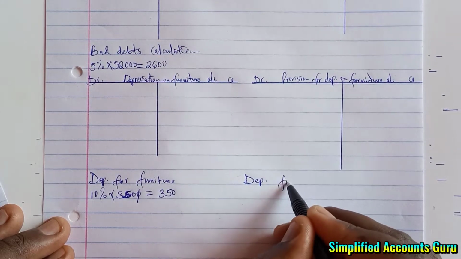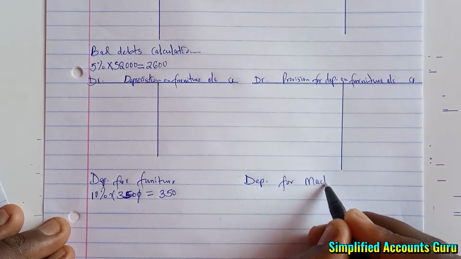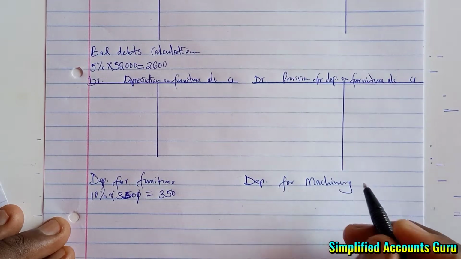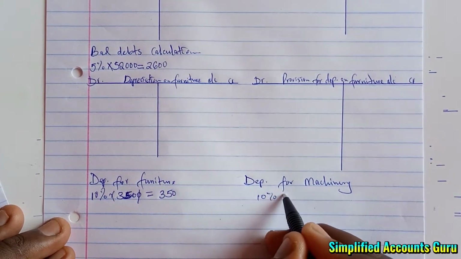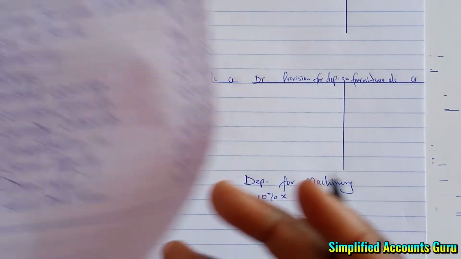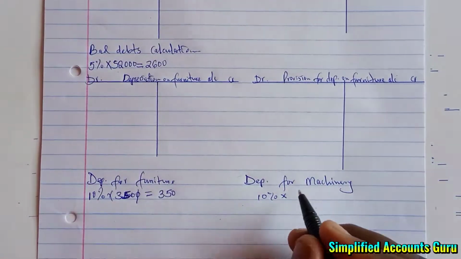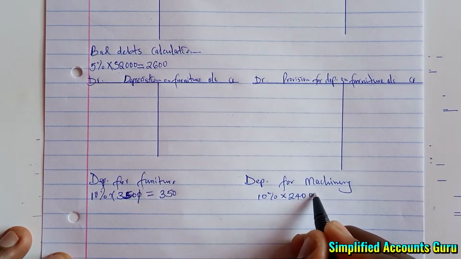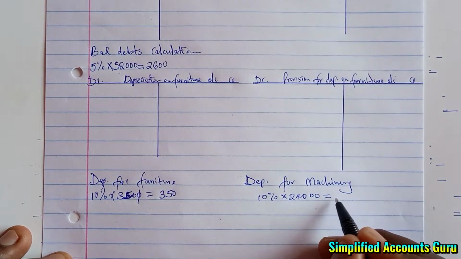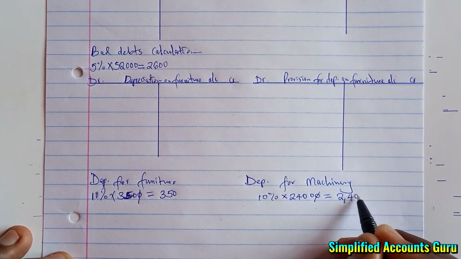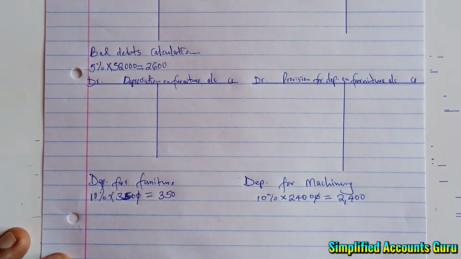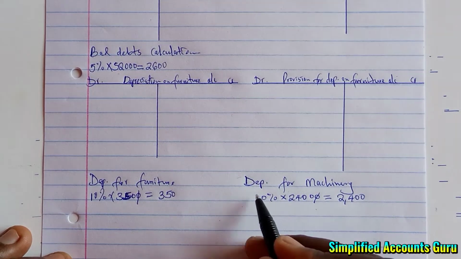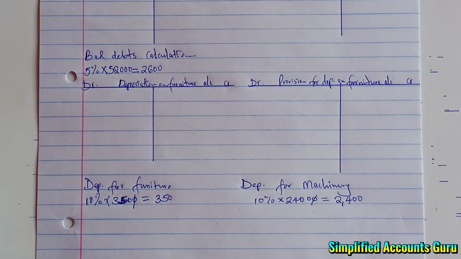Depreciation for machinery. So it will also be 10% of the value of machinery here, which is $24,000. So we have $24,000, which gives you, do away with the 0, and it will be $2,400. So this $2,400 becomes the depreciation cost of machinery, and then we have $350, which is the depreciation for furniture.